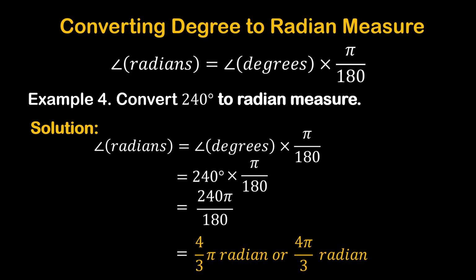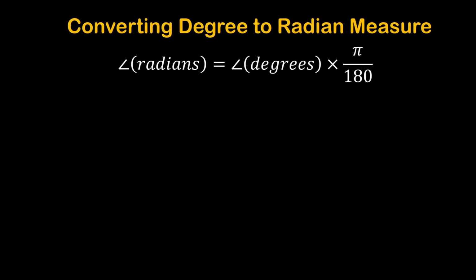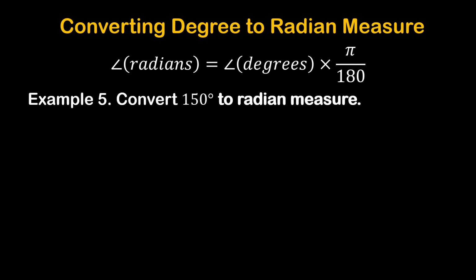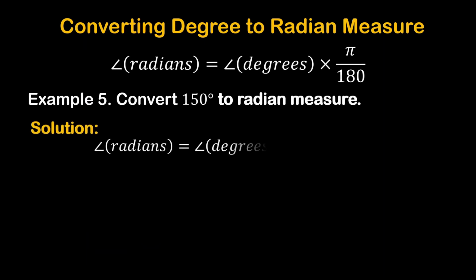Then let's proceed to our fifth and last example. Now here, convert 150 degree to radian measure. Again, to convert degree to radian, we just need to multiply the given degree measure by pi over 180. In our problem, our degree measure is equal to 150 degree.